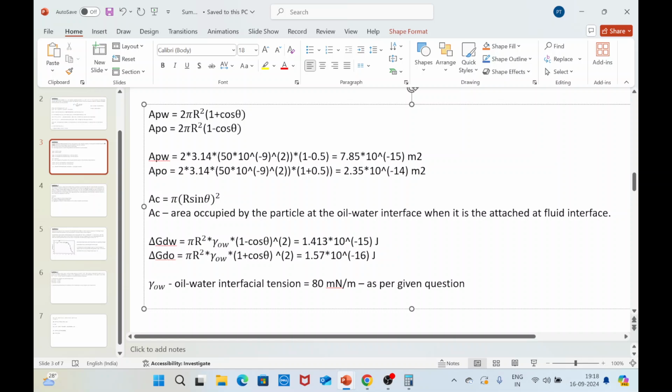Just before that, let me write the entire expression, 10 power minus 3, because it's in millinewtons, times 1 minus cos 120.